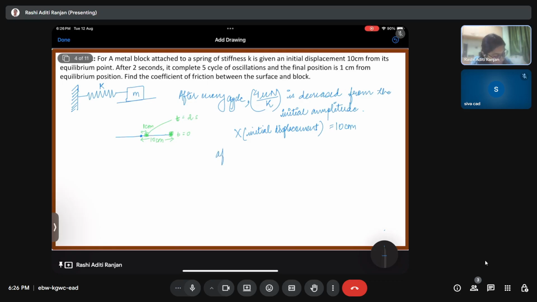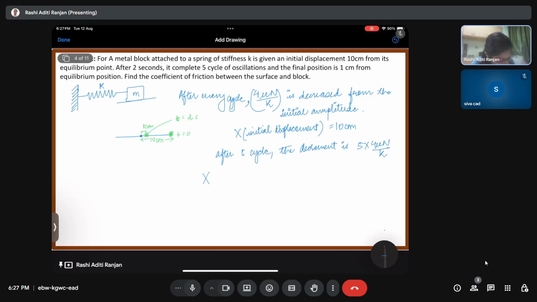So after 5 cycles, the decrement is, okay, I should first write it like this, 5 times 4 mu N by k, right?